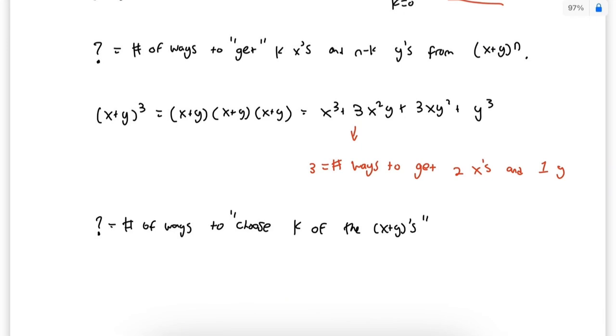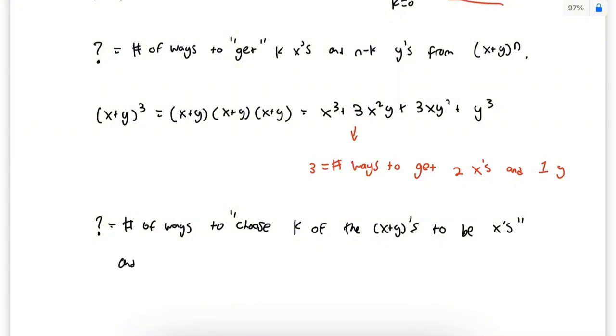Choose k of the x plus y's. In this case, remember, we're choosing, let's say, 2 of them to be x's. So choose k of the x plus y's to be x's, right? Very vague here.